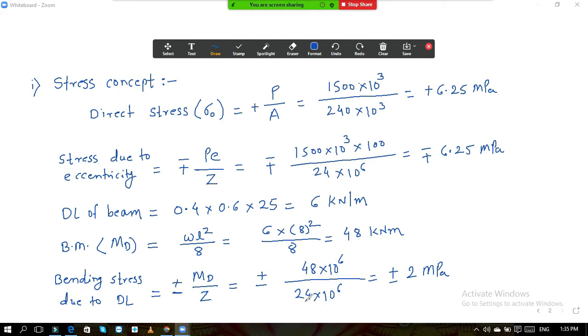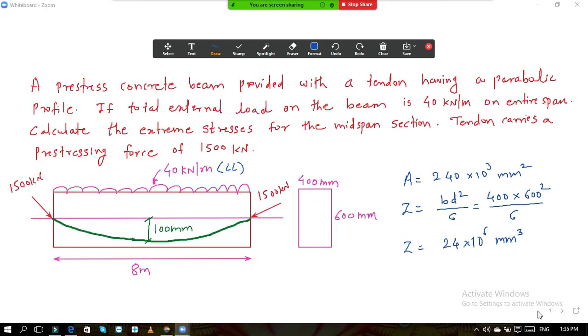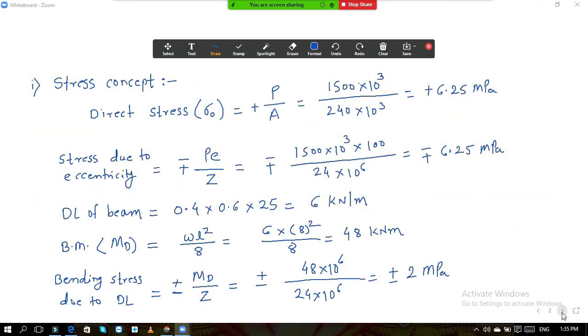Now after this, bending stress due to dead load. Similarly, we will calculate the bending stress due to live load also. So live load, or this external load, is equal to, how much is it given to us? It is 40 kilonewton per meter.